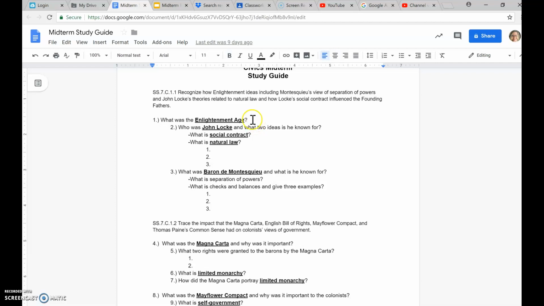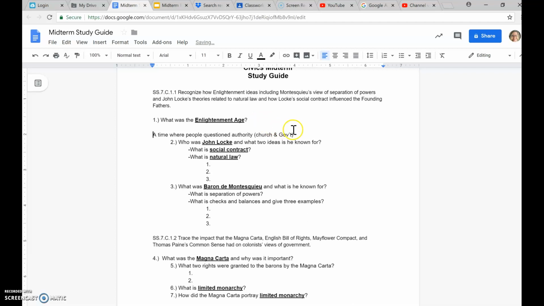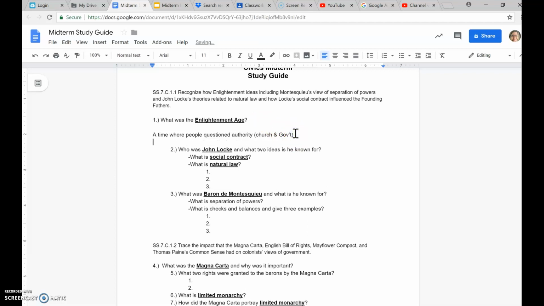So right in your study guide, the Enlightenment age was a time where people questioned authority. I would put church and government. Let's put gov't. There we go. So you guys can really see it.